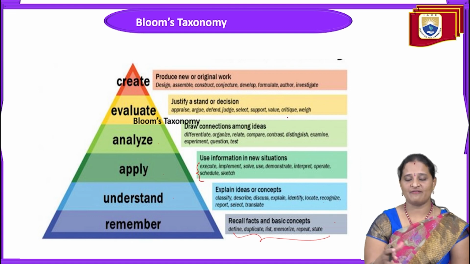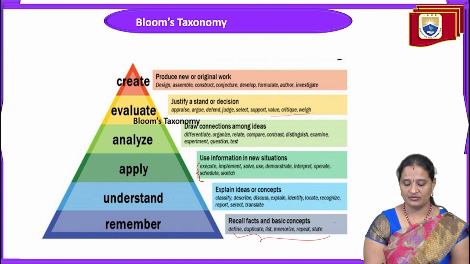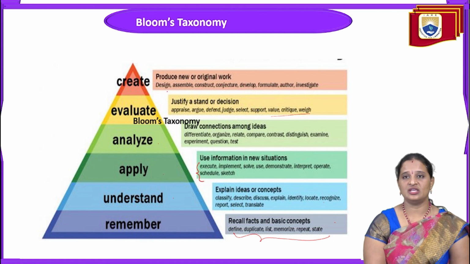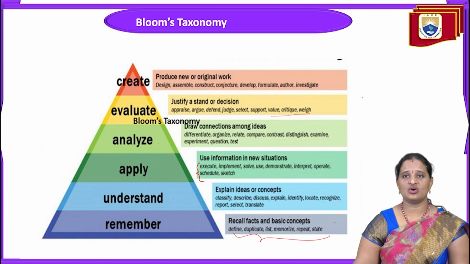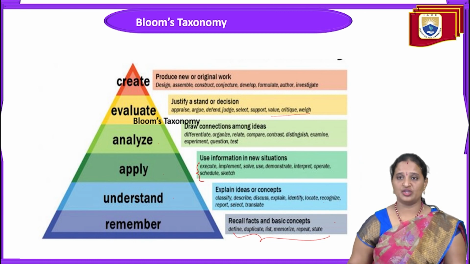After having an idea, we need to provide the connections among ideas. These are the verbs under the analyze level, and these are the verbs that can be used under the evaluate level. And under create, we can have these words. So these are the basic Bloom's taxonomy levels that we can use while framing the outcomes.